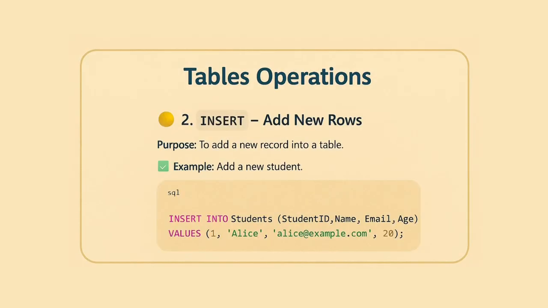Insert, I told you, is to add rows to the table. We can add values to all the attributes at the same time, like this. So insert into students, we have 4 attributes for the student. So we can add values together. Student ID number 1, the name Alice, email and age. Okay.